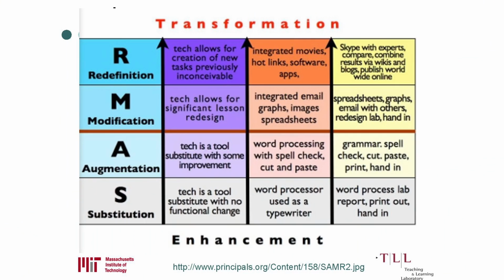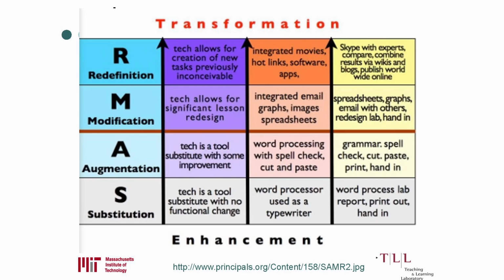There's a little bit of a schematic here that might help. These are sort of a little bit baby, but the idea of substitution. So the idea of using a word processor instead of a typewriter. That was the substitutional technology. So then augmentation, you get spell check, right? Once you're in a computer, you get to have spell check and formatting and cutting and pasting. And that's different than what you can do on a typewriter.